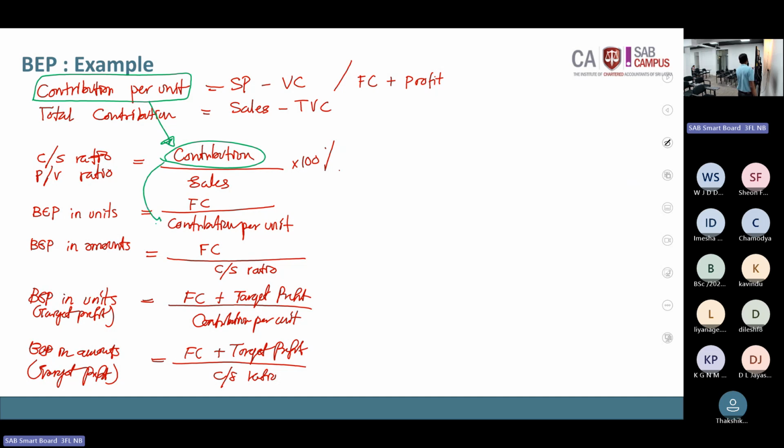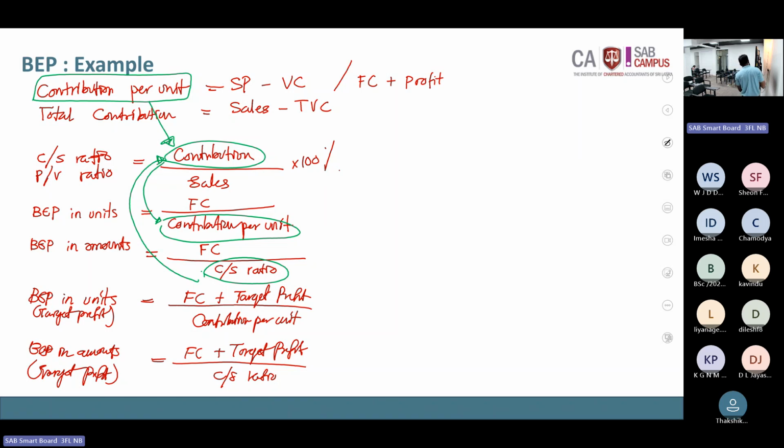Again, we need the contribution per unit to calculate the break-even point in units. Break-even point in amounts, we need to identify the CS ratio. To identify the CS ratio again, we need this contribution. Right? So break-even point in units with the target profit.